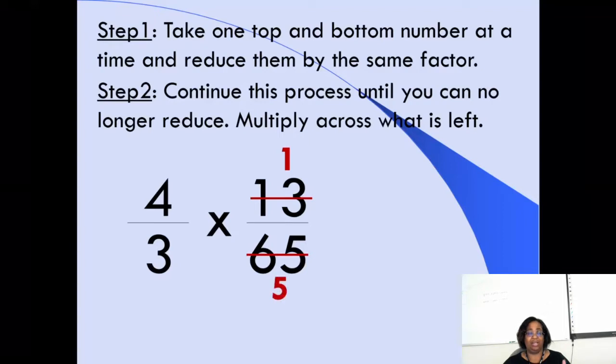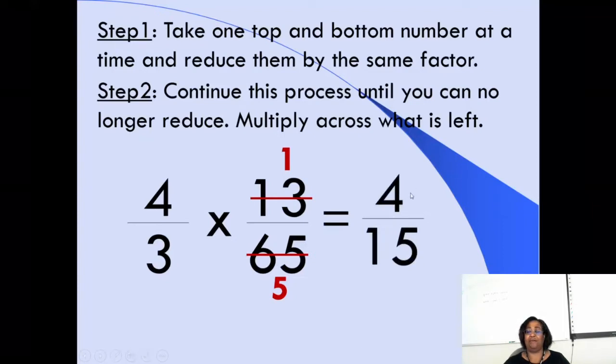Now, when I look again, is there a top and a bottom that I can reduce by the same factor evenly? No. So when you say no, all you have to do is multiply: 4 times 1 gives me 4, and 3 times 5 gives me 15. Check it again.